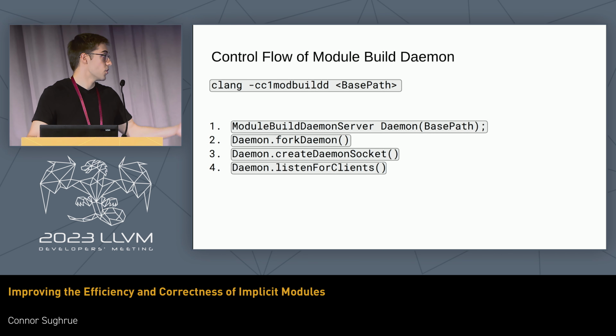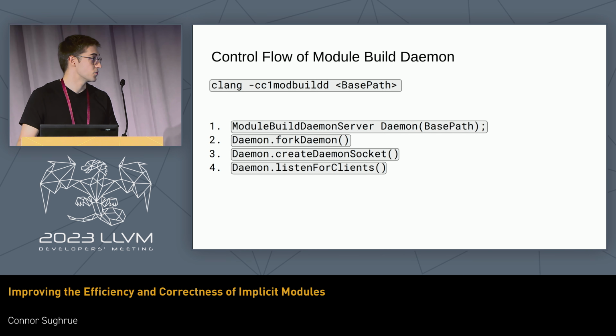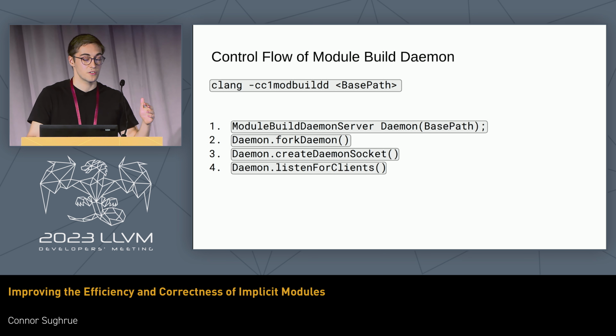Now, ExecuteNoWait takes a command line. This is what the command line looks like for the daemon. As you can see, it is integrated into the Clang binary as a cc1 tool. This has a lot of great advantages because the daemon is dependent on having the same dependency scanner and cc1 argument parsing as the Clang invocation.